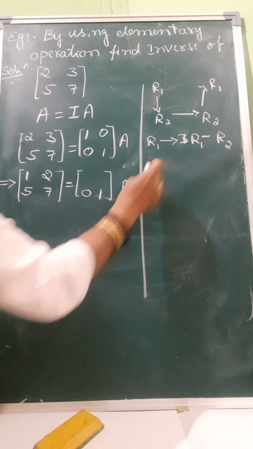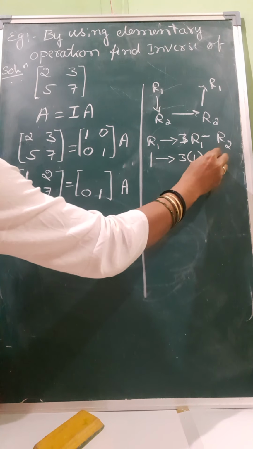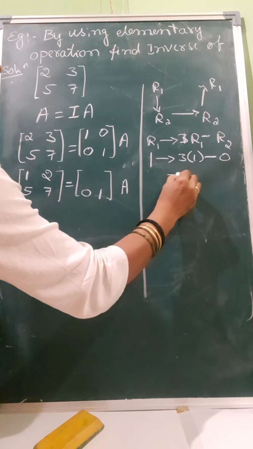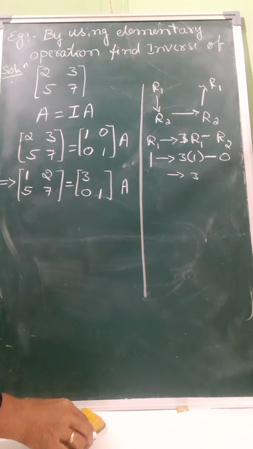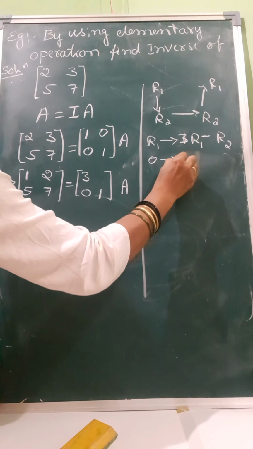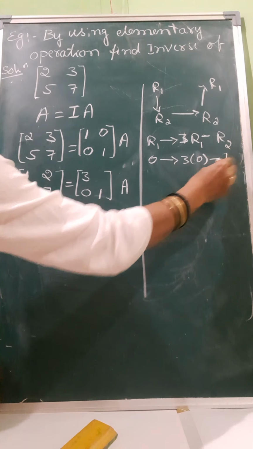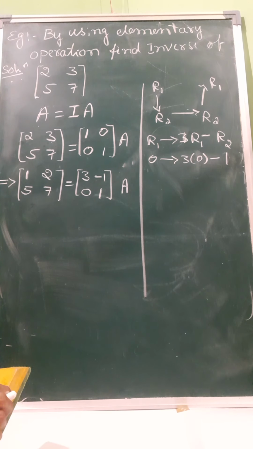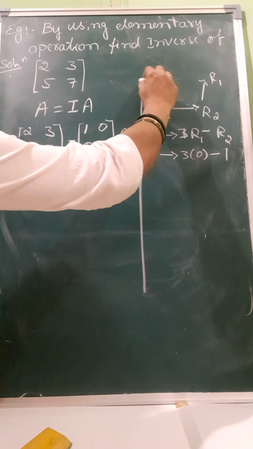So look here, 1 changes to 3 into 1 minus 0, the R2 element is 0, so 3 minus 0 is 3. Next, 0 changes to 3 into 0 minus 1, so that is minus 1. Is it correct?